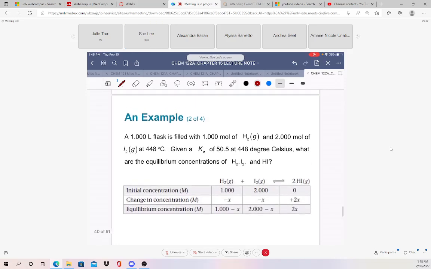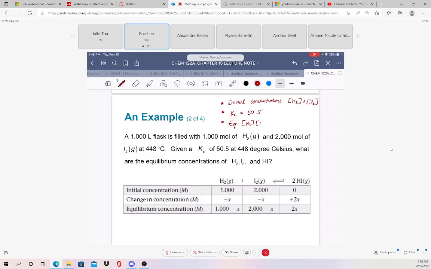So again, you are provided with the initial concentration of hydrogen and iodine. Then you are provided with the Kc information. You need to find the equilibrium concentration of all these three.